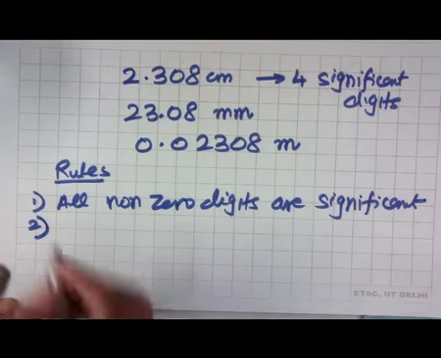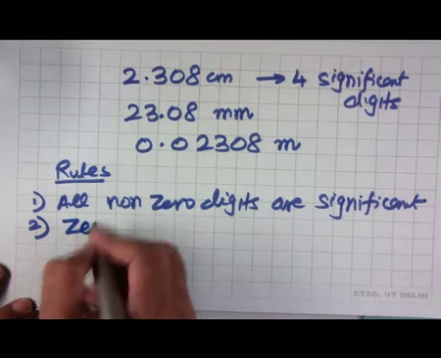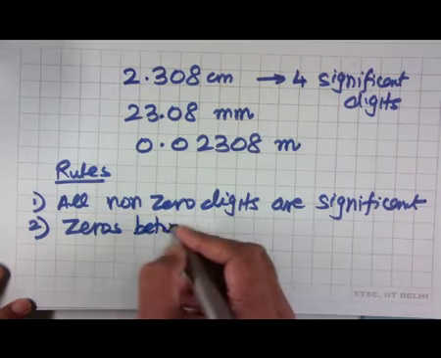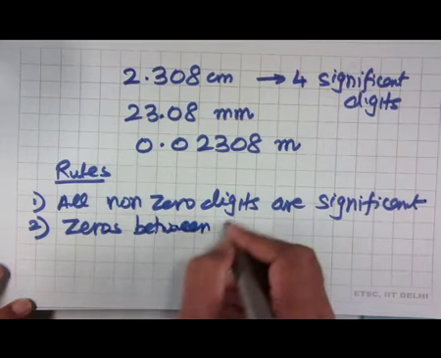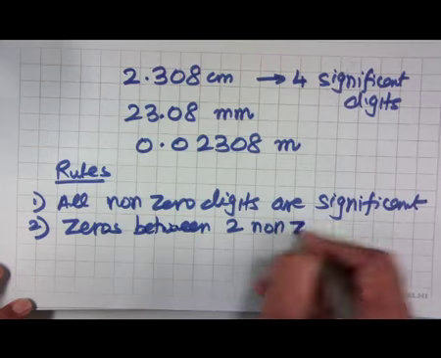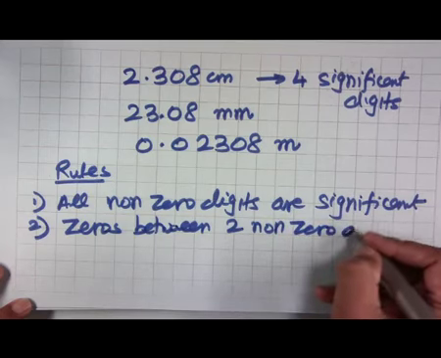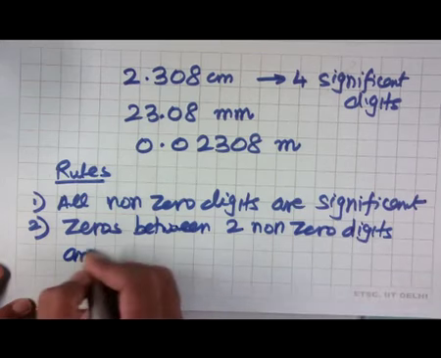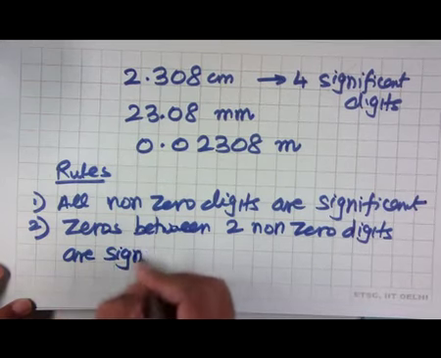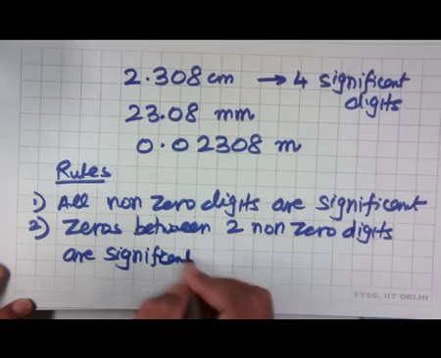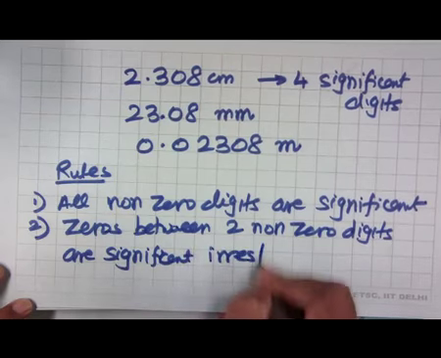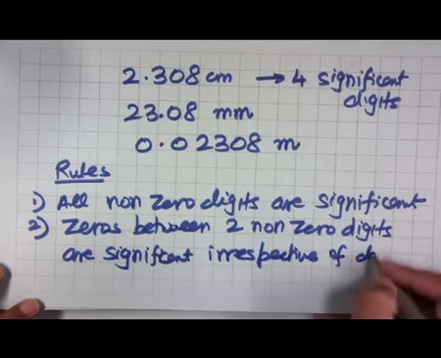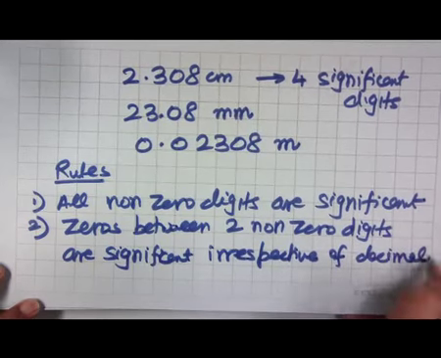The second rule is that the zeros which come between two non-zero digits are significant, irrespective of the decimal point.